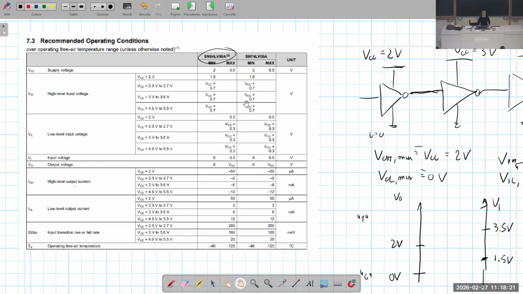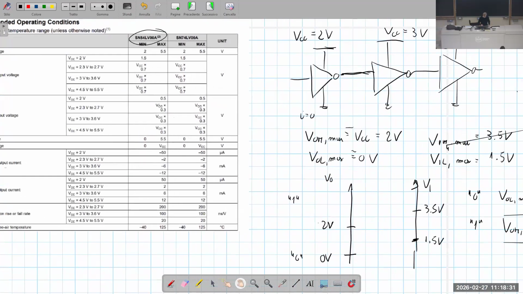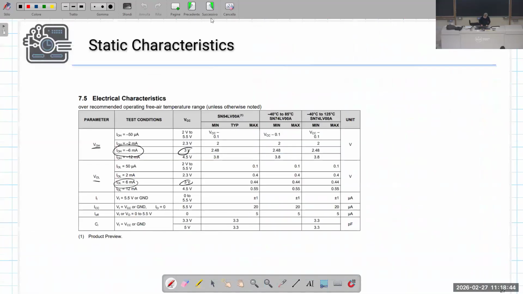These calculations refer to this case. I should take these values from this table.